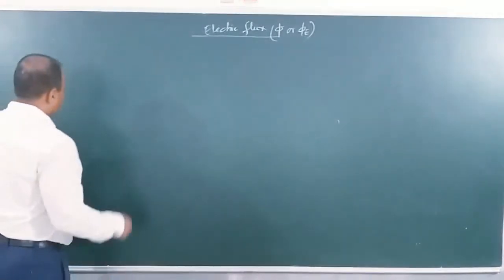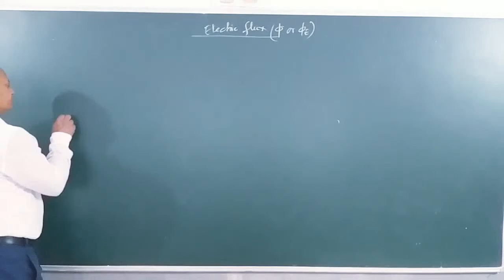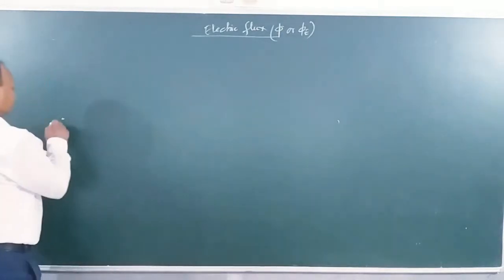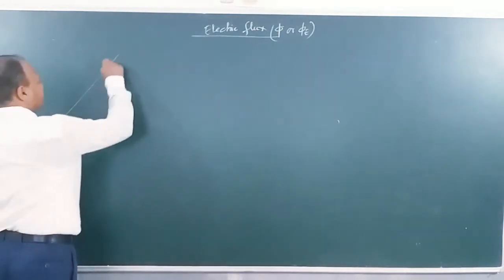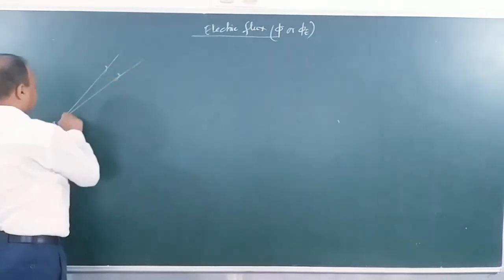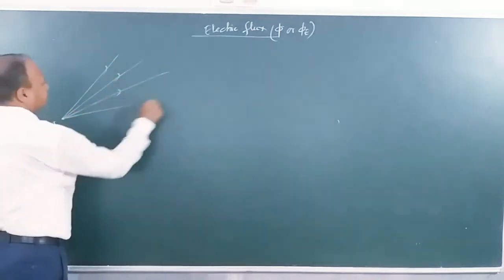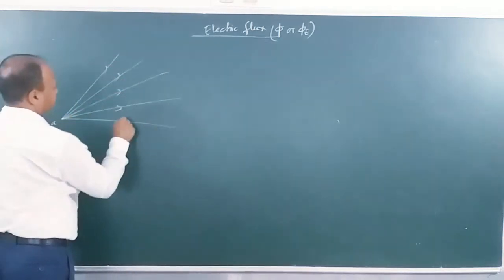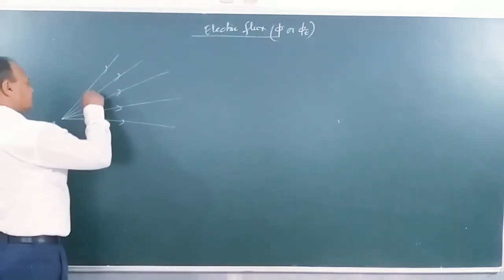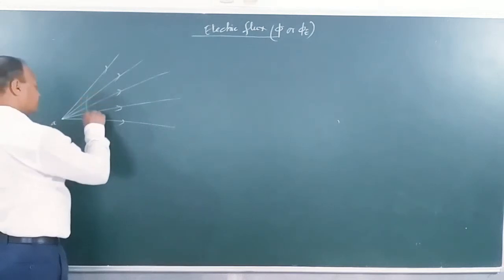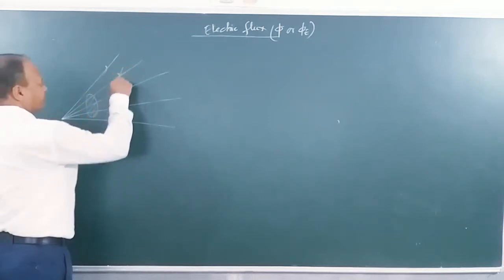What is electric flux? We understand that whenever there is an electric field, there are always electric field lines associated. Now imagine I have a point charge here. The electric field lines are shooting out like this. And then I have a surface area out here, or I have a surface area out here.